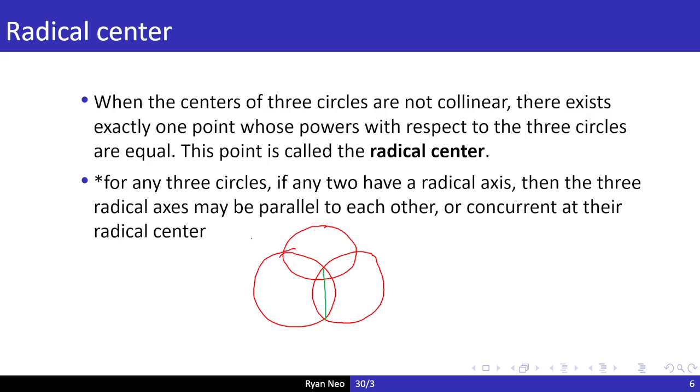I'm going to keep switching colors to make it simpler to understand. Between the top and the right one, there exists this radical axis, and between the top and the left one, the radical axis is this. So the radical axes are concurrent at the radical center, which is here. This point is called the radical center.